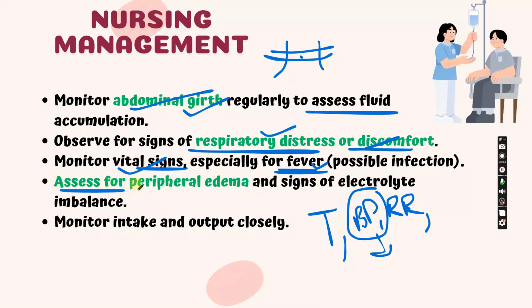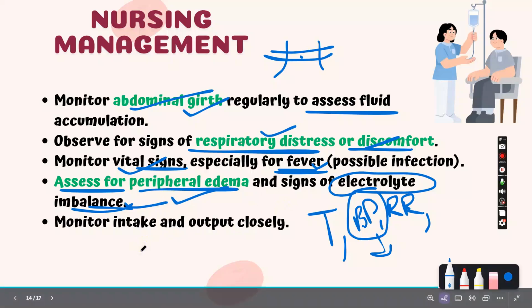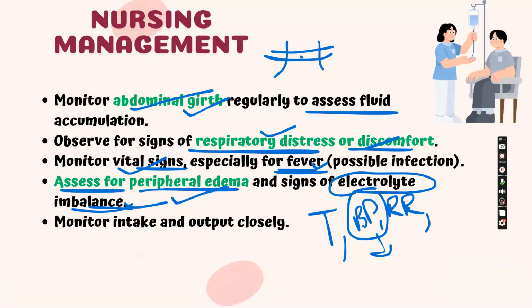Then assess for peripheral edema. We'll just check if there is peripheral edema or not. These are the signs of electrolyte imbalance. Okay, whenever a patient suffers from electrolyte imbalance, you have to address it immediately, because any imbalance in any of the electrolytes can eventually lead to cardiovascular complications.